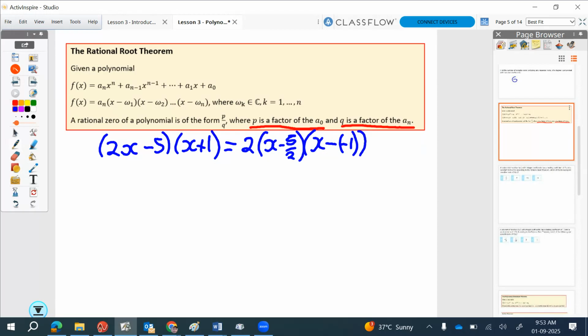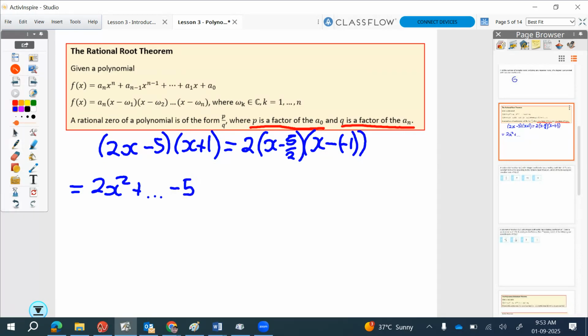If we were to expand this, we're going to get 2x squared plus dot dot dot, I'm being lazy, I don't have to do the bit in the middle, plus negative 5.